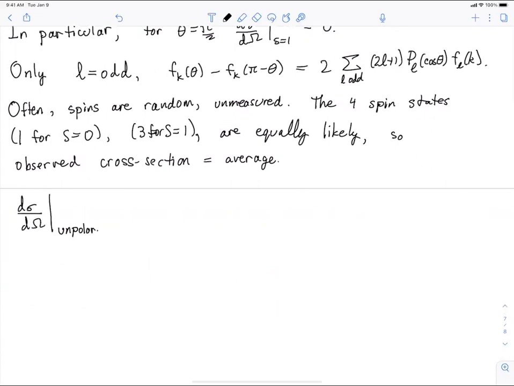Unpolarized is just a fancy way of saying we don't know what the spins are. This is for spin 1/2 fermions. If I were doing spin 3/2, it would be something else. This is 1/4 times the differential cross section with spin 0 plus 3/4 times the differential cross section with spin 1.